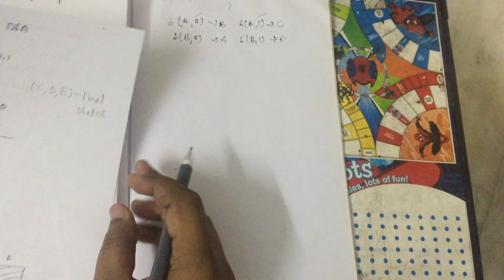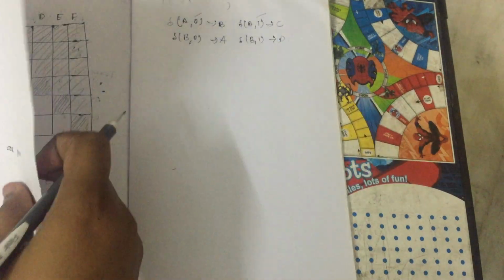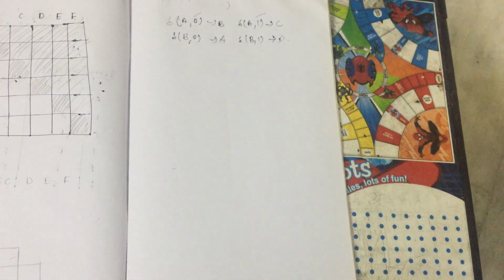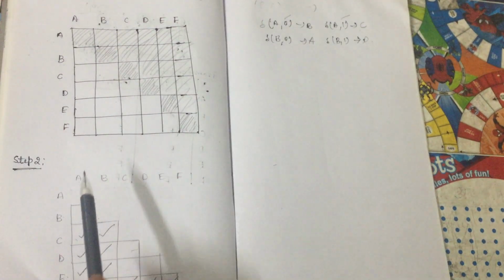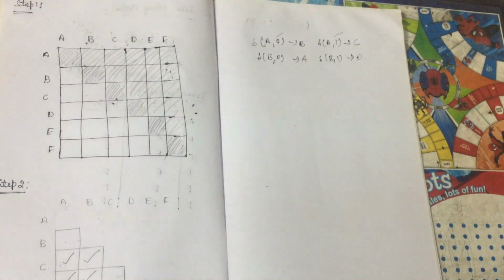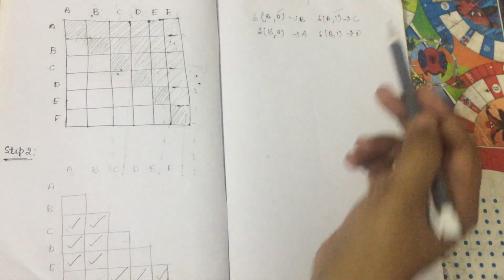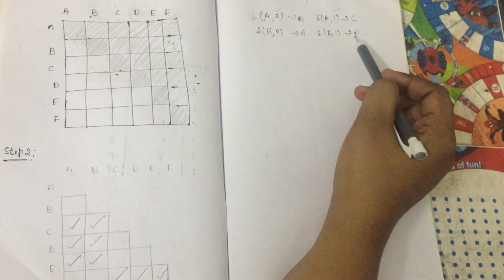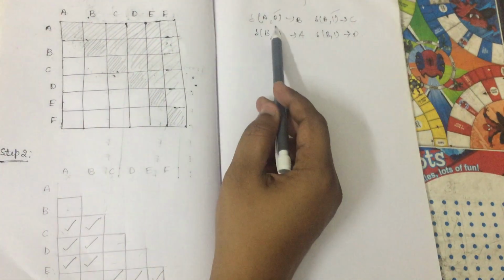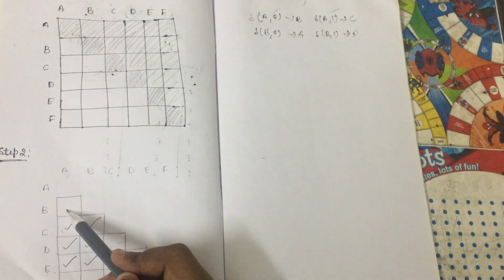So we need to check whether the pair AB is marked in the table or not. Is the pair A comma B marked in the table? No, it is not marked. A and B are not marked. So check the pair C and D. Are C and D marked in the table? For the input symbol 0, A and B is not marked in the table present in step 2.